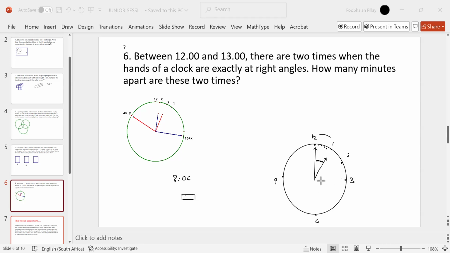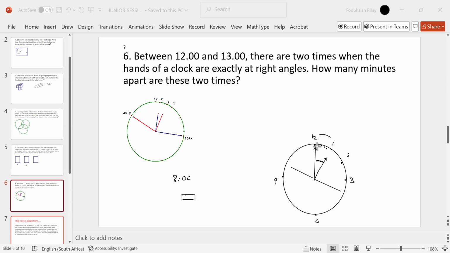So at some point, you'll have the minute hand looking like that, right? And then as you go further down, this minute hand is going like that. And then at some other point, it'll be pointing like that.